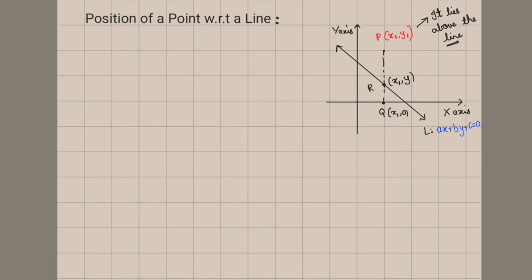So the point R is on the line, so it should satisfy the equation ax plus by plus c equals 0, which gives ax1 plus by plus c equals 0, which gives y equals minus of ax1 plus c by b. So this point satisfies the line equation.